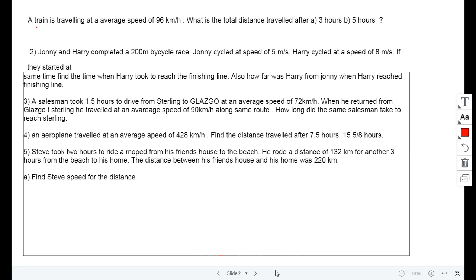B. What was his average speed for the whole distance? Okay. That's it.